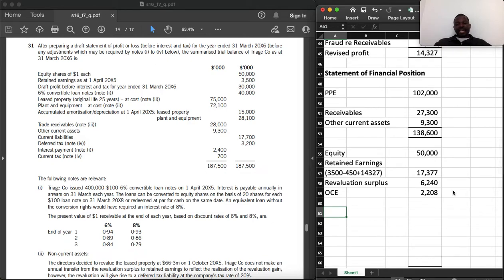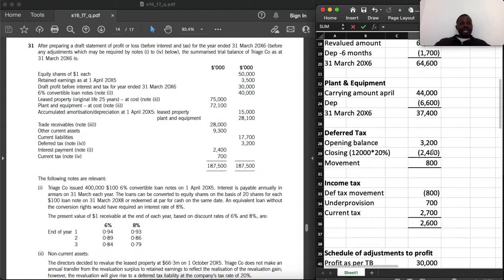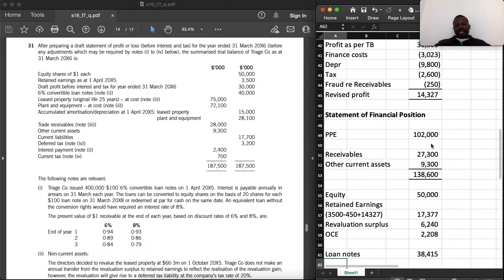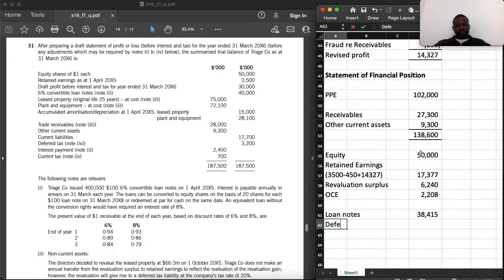Then under non-current assets, we have got our loan note. Our loan notes, we have calculated the closing balance. Let's go and pick it up. That's 38. Then also we have got deferred tax.